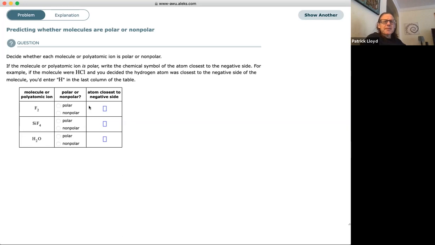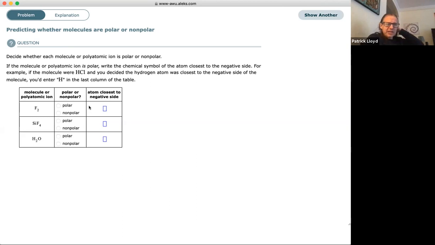We actually covered that back in chapter 8, because it doesn't matter what the electronegativity of the atoms are. If you have the same atom bonded to each other, they have the same electronegativity. So the difference in electronegativity is 0. Fluorine happens to be the most electronegative element. 4.0 is its value. But 4.0 minus 4.0 is 0. So it's a nonpolar molecule.